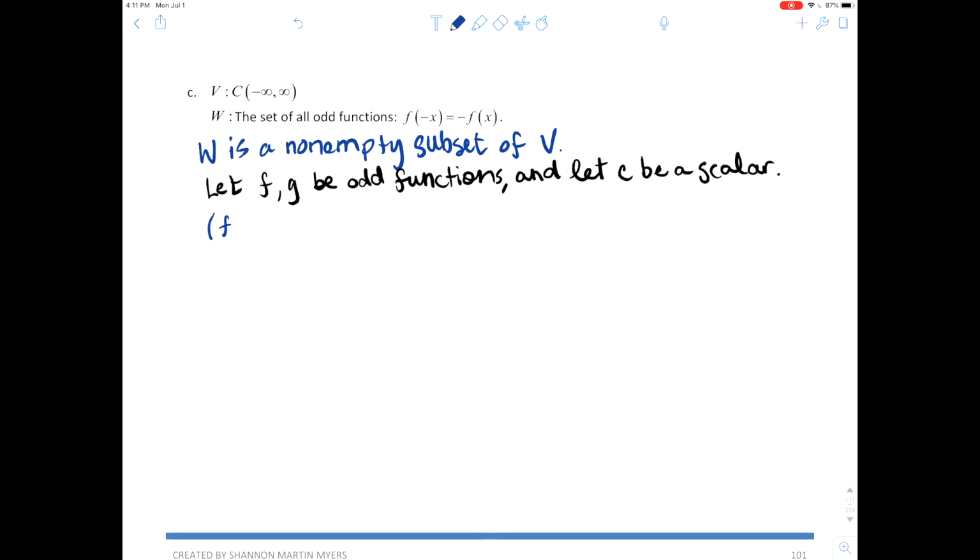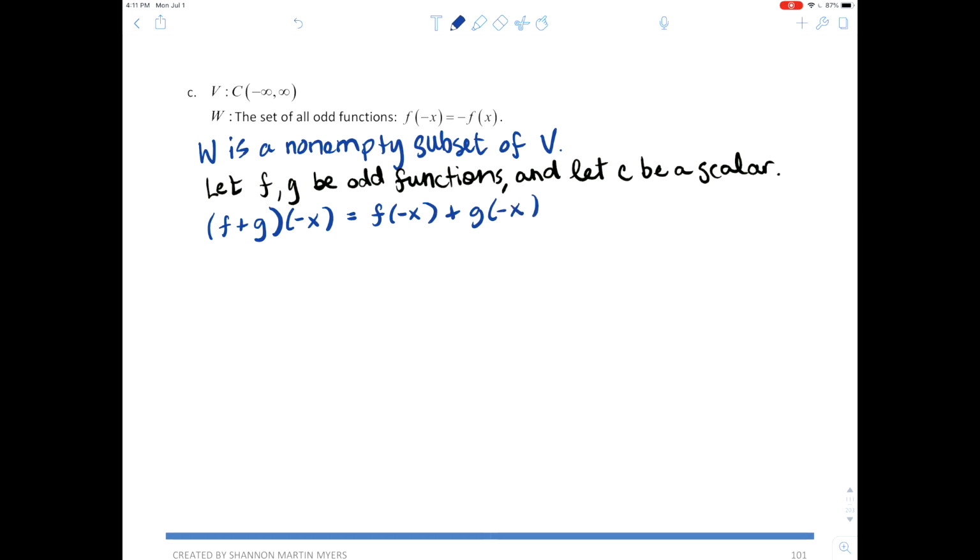If we add these, right? So f plus g at negative x is equal to what? Beautiful. f at negative x plus g at negative x. Good so far?